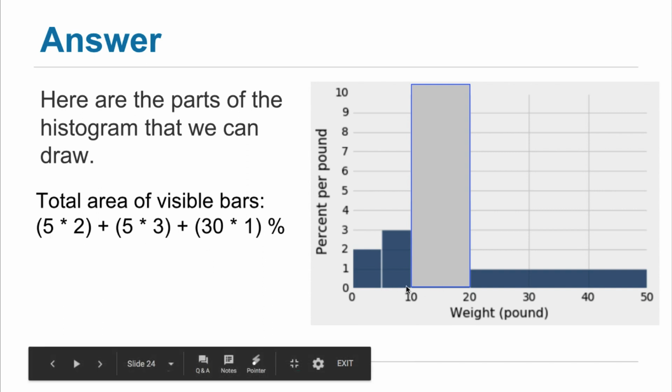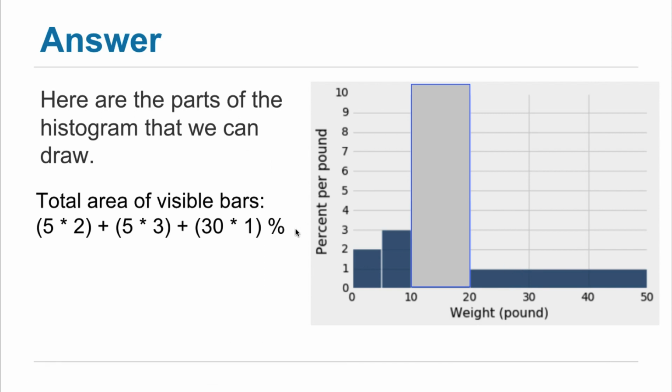Once again, a width of 5 times a height of 3. Next one. This one here has a width of 30. Why is that? It's 50 minus 20. So a width of 30 and a given height of 1. And so we have the total area, that is the total percent in those 3 bars, if we do that calculation.